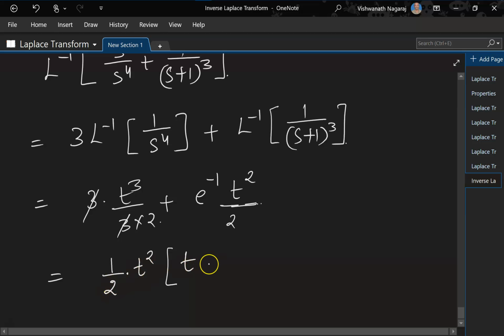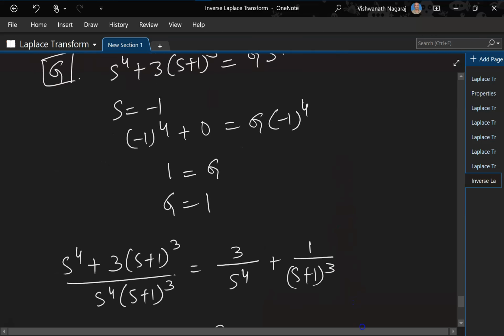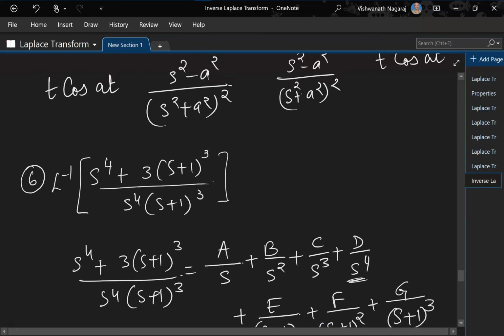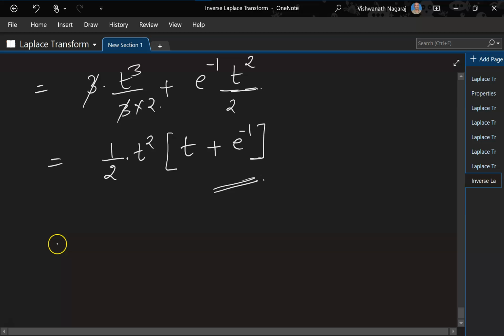So t cube by 2 plus e to the power of minus t times t square by 2. Just verify it. So this would be the inverse Laplace transform of the given function. Okay, I think that's enough. You need to practice a lot to get comfortable with all this. Bye for now.